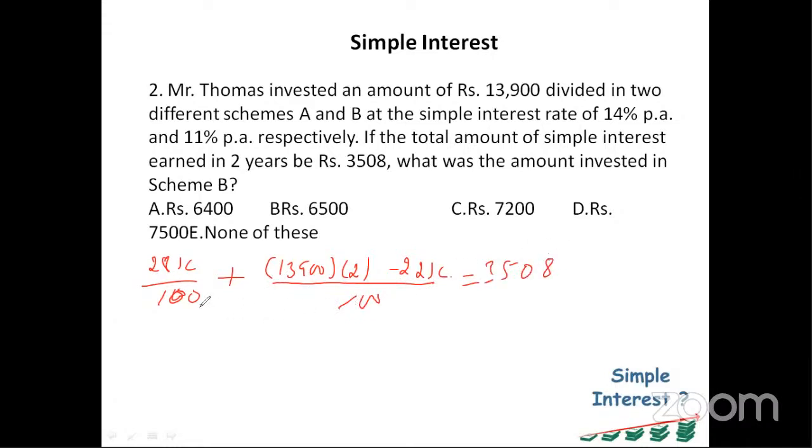Okay, when we have the same base, we can take LCM as the same 100, and this will get multiplied here. So numerator we'll write straight away now. Because we have the same denominator, there is no LCM here, it's just 100.